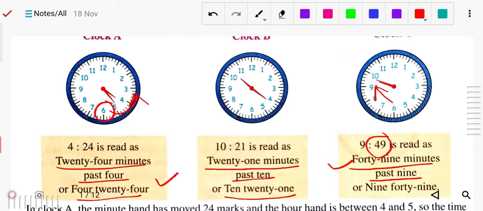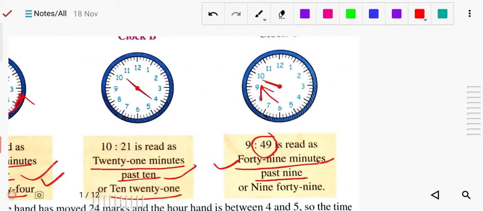Or simply you can say 49 minutes past 9, 21 minutes past 10, or 24 minutes past 4. Simply you can use this method for timing also.